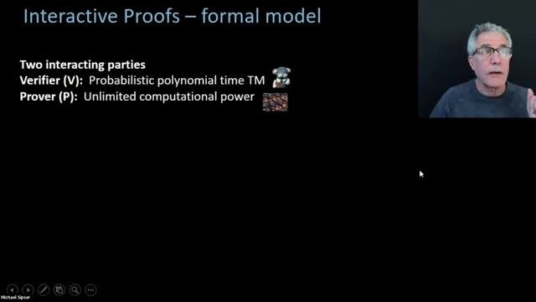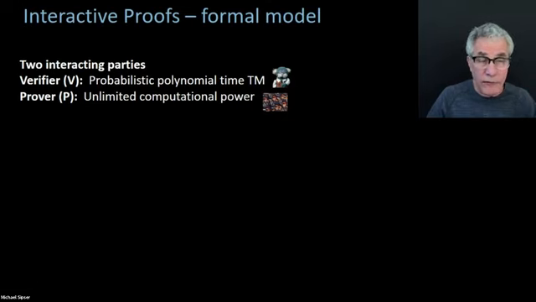Okay, so the interactive proof system model: we have two interacting parties, a verifier, which is probabilistic polynomial time, played by the professor in the previous slide, and the prover, which has unlimited computational power, played by the students in the previous slide.